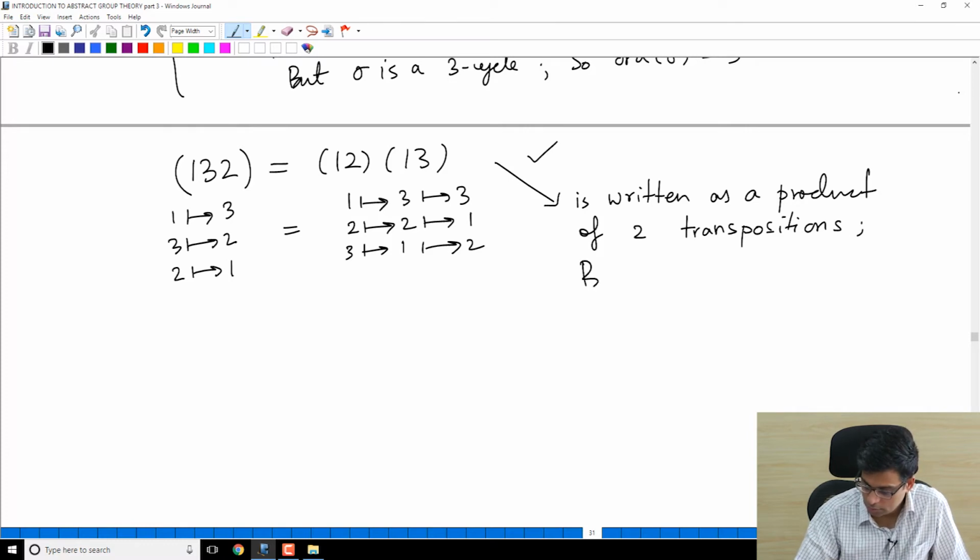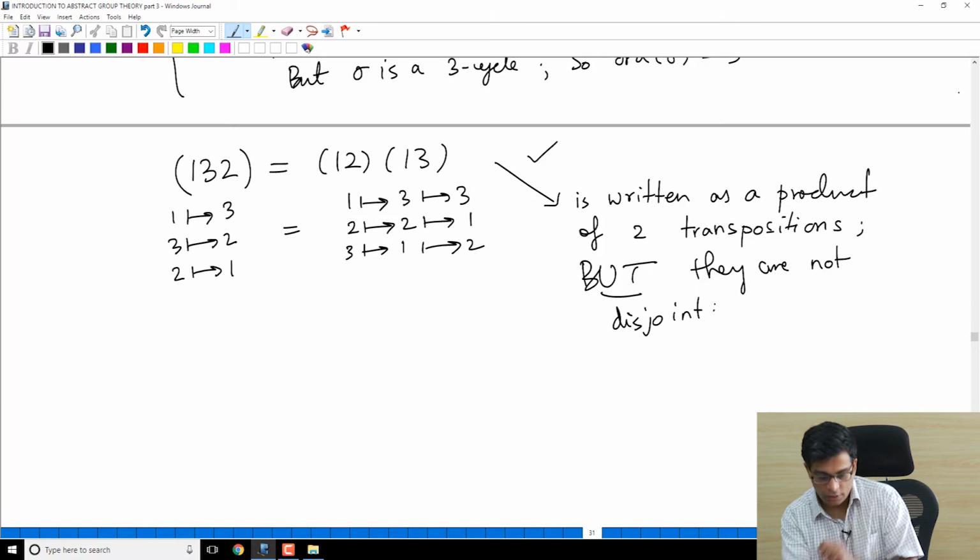But they are not disjoint, because 1 is common to both. As we know, you can't write it as a product of disjoint transpositions. I didn't mention this earlier because we don't need it, but when you write a permutation as a product of disjoint cycles, that product or decomposition is unique.